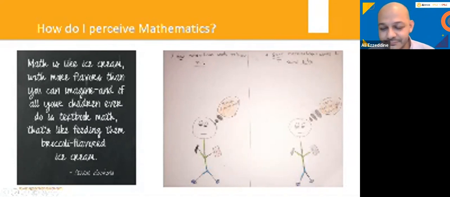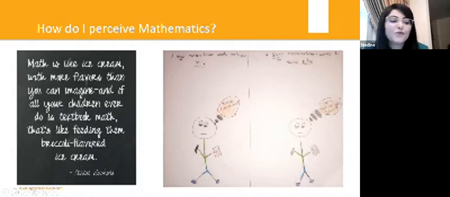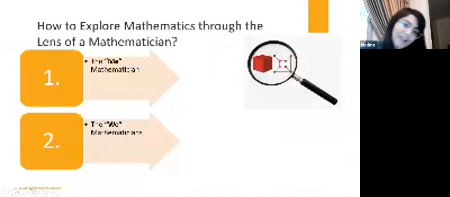Sure. Thank you, Ali, and thank you to our attendees who are being interactive and reflective as well. Now, diving into the world of real mathematics. How are we going to explore mathematics through the lens of the me mathematician and the we mathematicians? I'm sure that many of you are thinking, what do these phrases mean and what do they stand for?